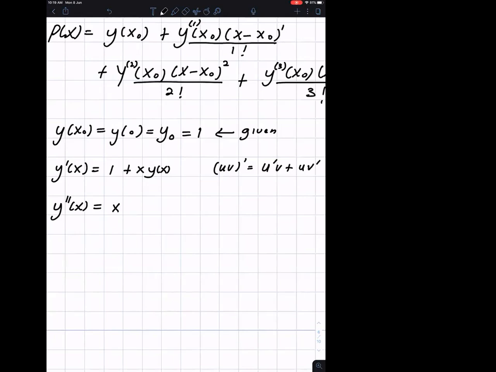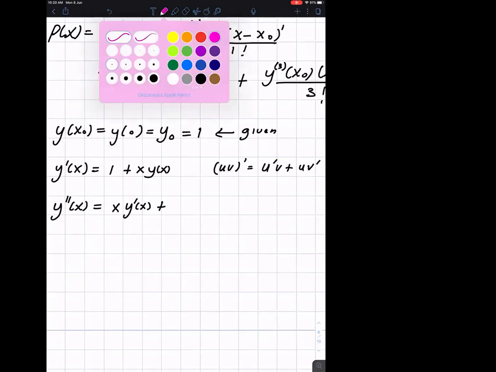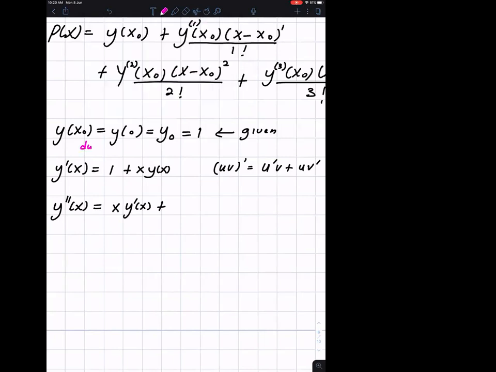If I don't differentiate x but I take the derivative of y, it's going to be y prime of x. Now I take the derivative of x with respect to x, dy/dx, that's what it means. When taking the derivative with respect to x, of course x becomes 1.